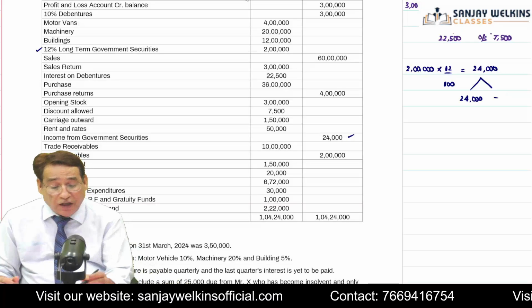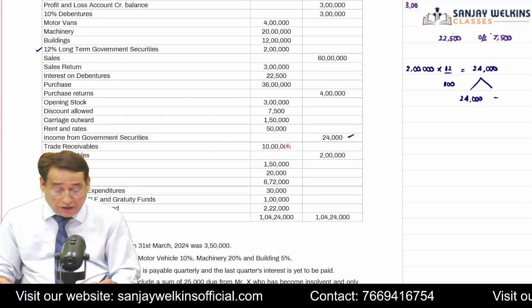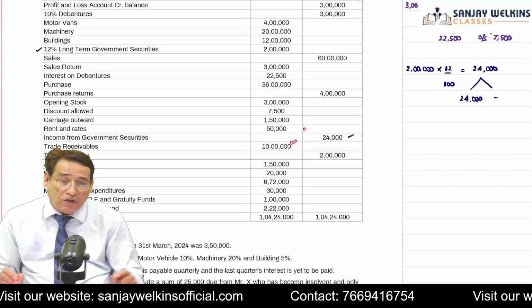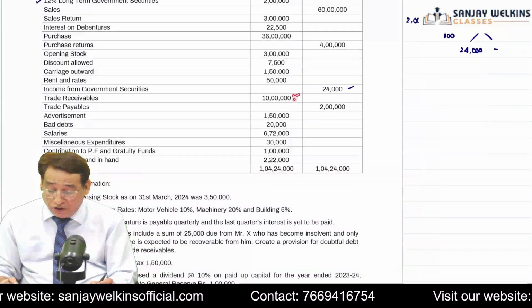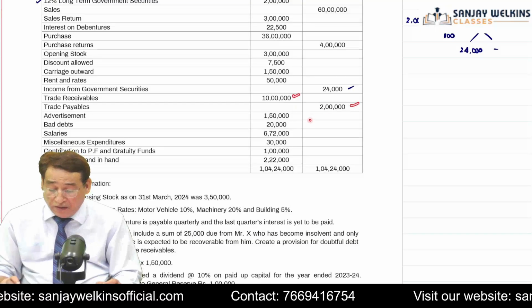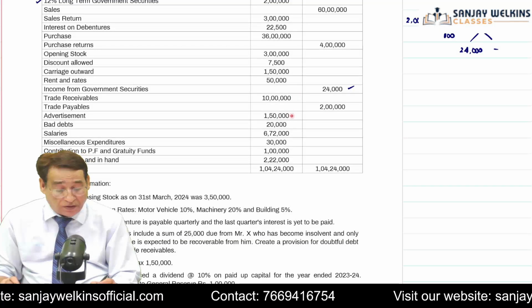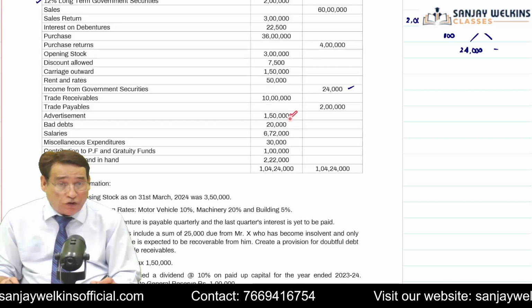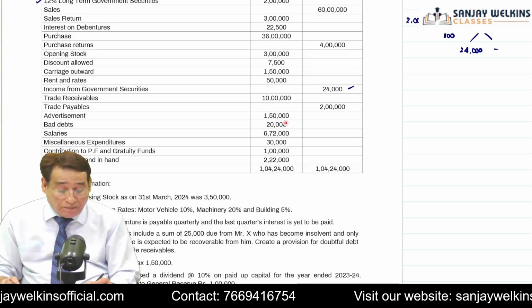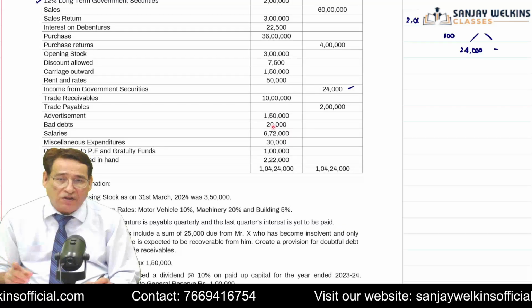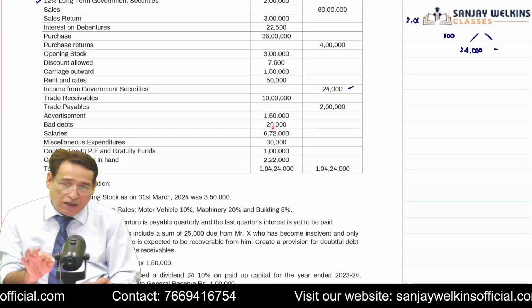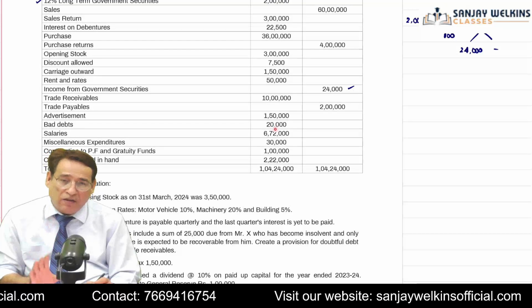After this, we are being given trade receivable. Trade receivable, as we know, will come under current asset. Similarly, after trade receivable, trade payable comes under current liability. Then advertisement expenses will fall under other expenses. Bad debts, if there are bad debts in the trial balance, will be written under other expenses.